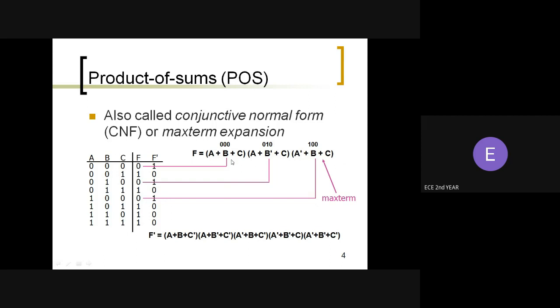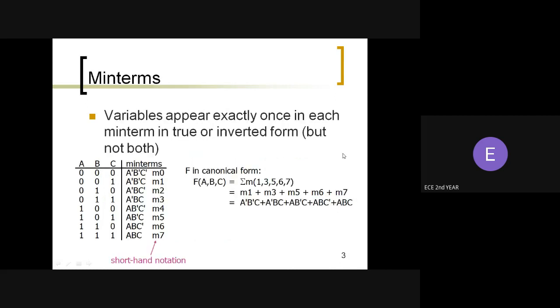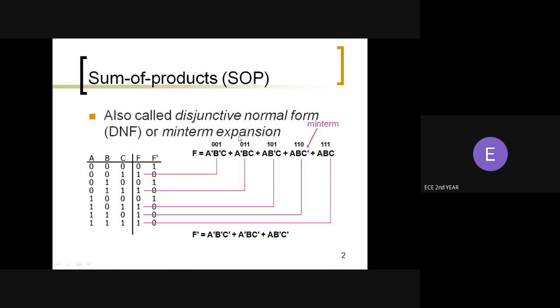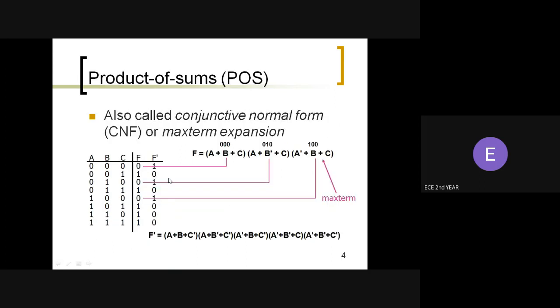And the terms that are present in this particular expression are called max terms. And in SOP, each term is called a min term. For the terms that are present in this Boolean expression, we put 1 for SOP, and we put 0 for POS. That you have to remember as a separate concept.